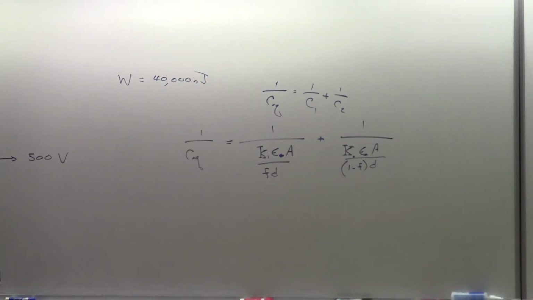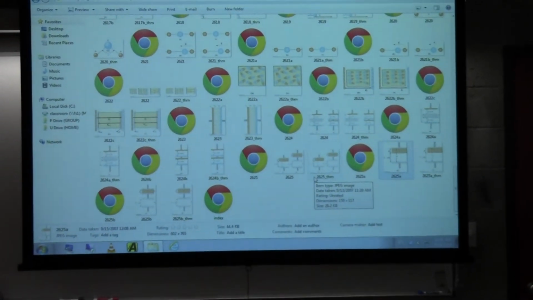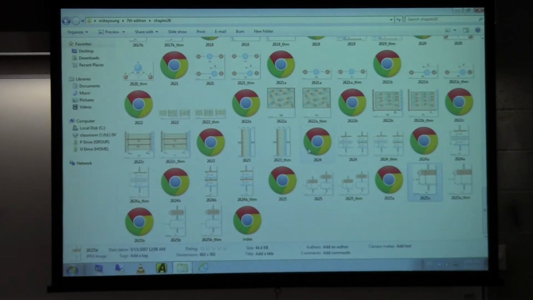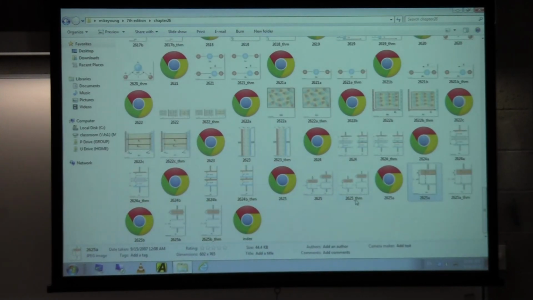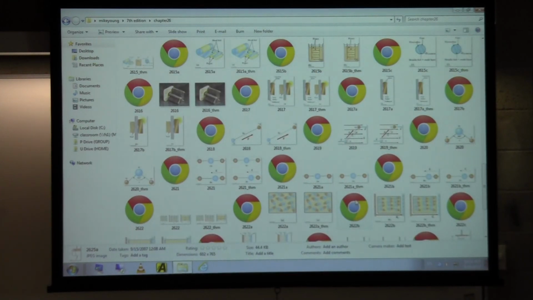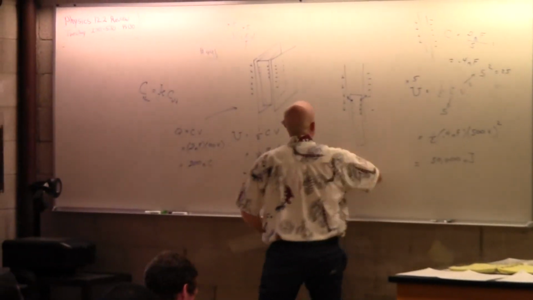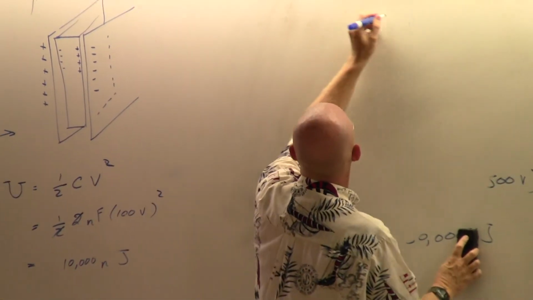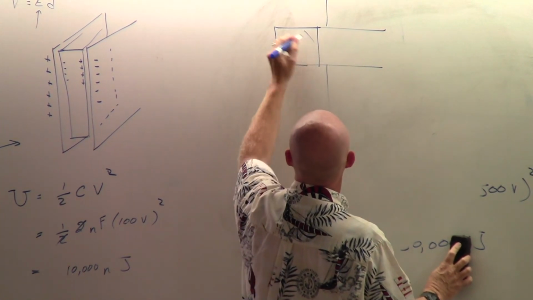Instead of doing a partial fill like this, what if we did a partial fill like... I thought we had a picture here. I'll draw one real quick. But what if we had instead a picture that had 2 parallel plates and we partially filled it this way?